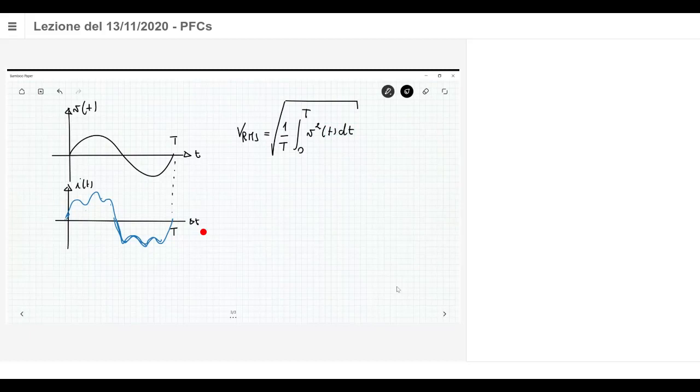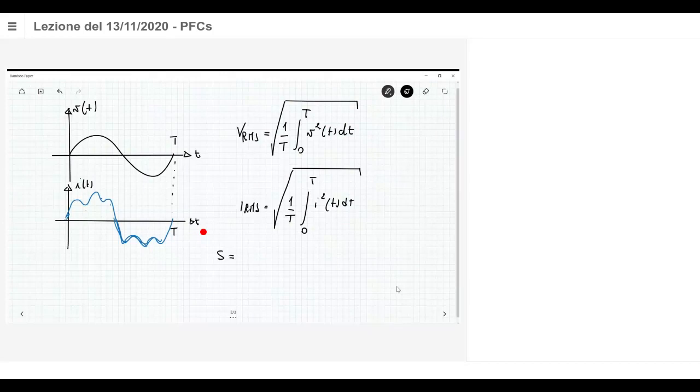The same we can do for the current, IRMS, same definition: the square root of 1 over T, the integral of I squared dt. The product of these two root mean square values is called the apparent power.